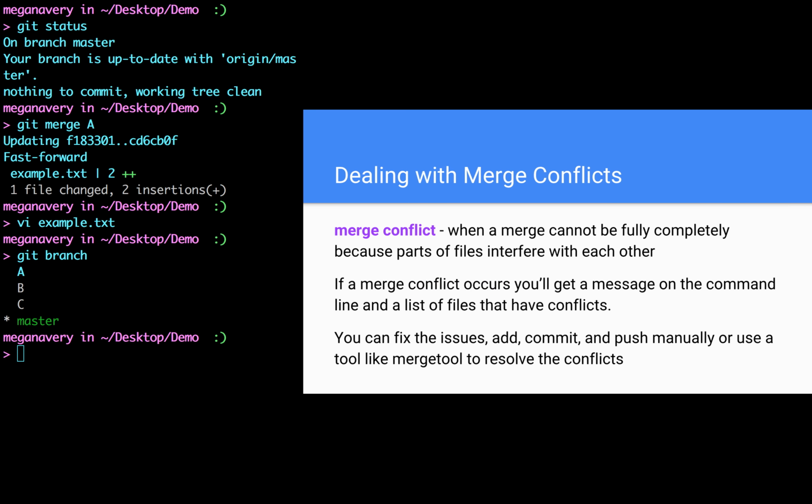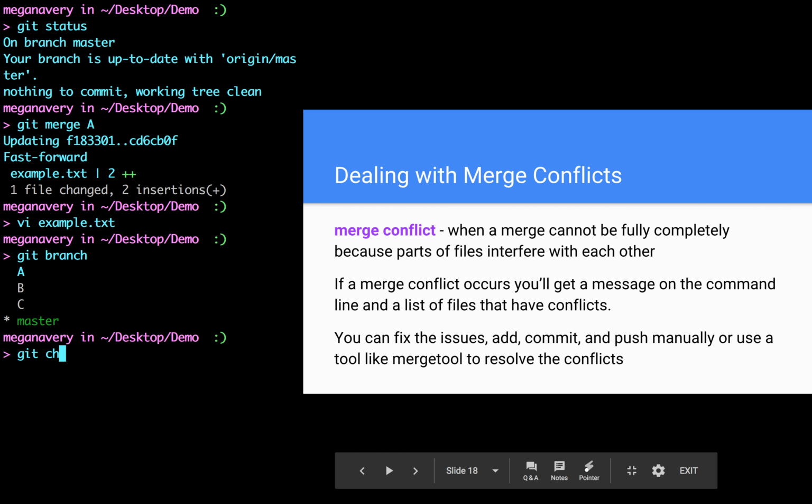So that's merging. And you can get what are called merge conflicts. That happens when you both have changed the same file, at the same place, so that Git can't resolve the differences.